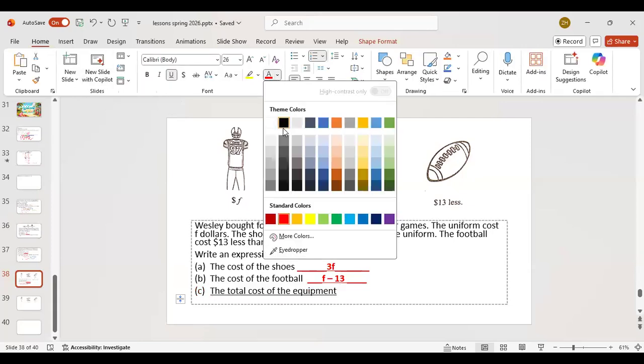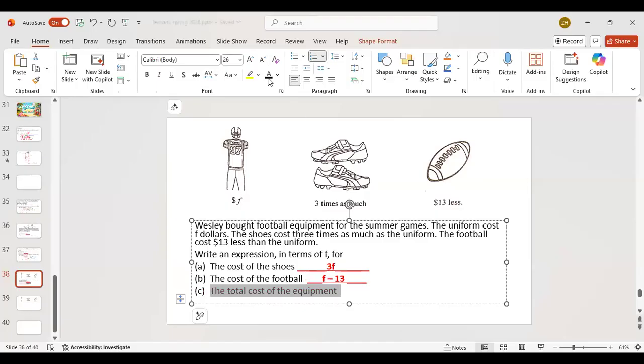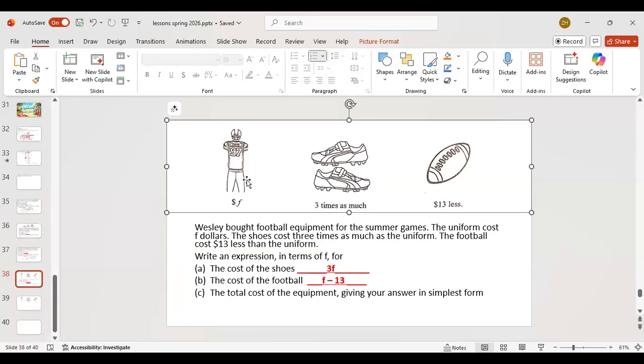This is very important: minus 13 and negative 13 are the same thing. Given your answer in simplest form. So we want to do the uniform, the shoes, and the football.